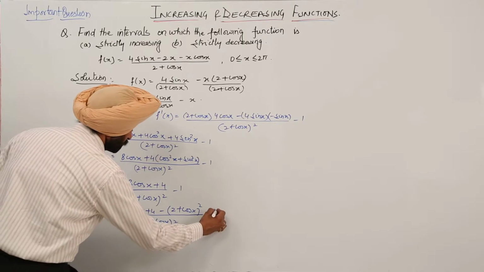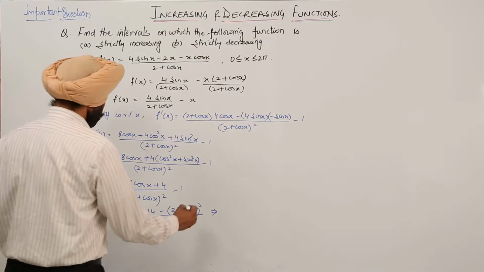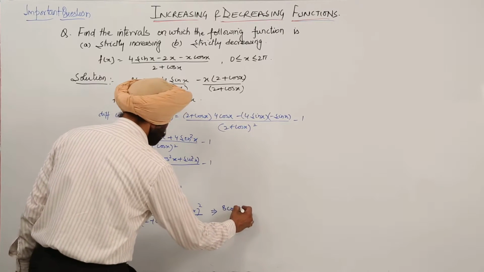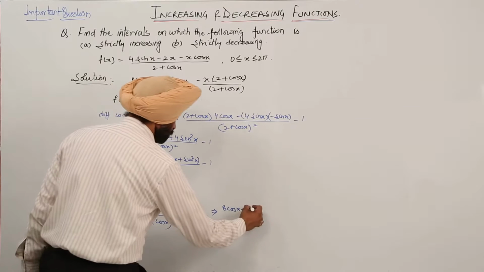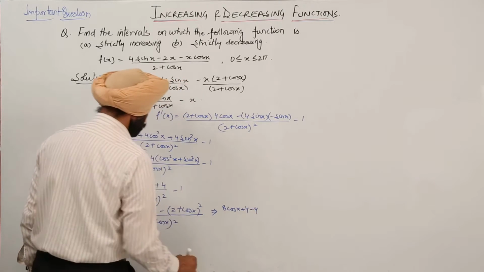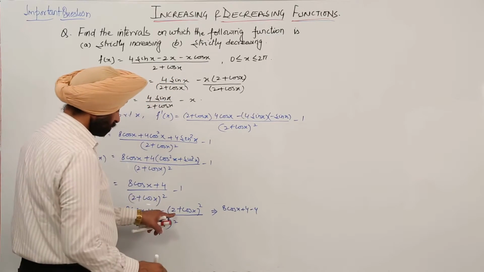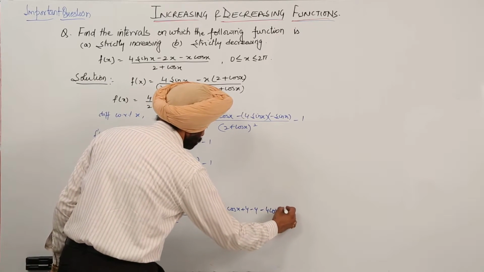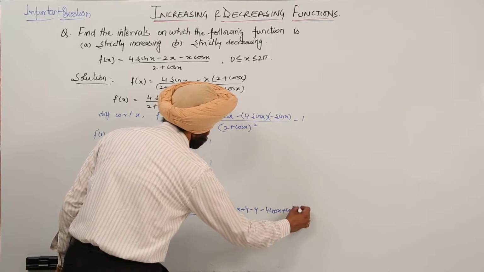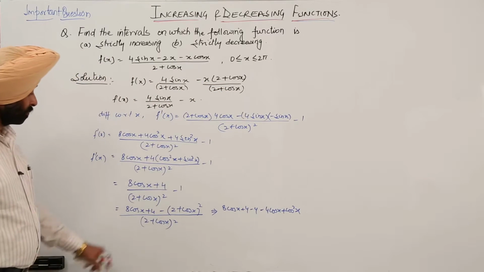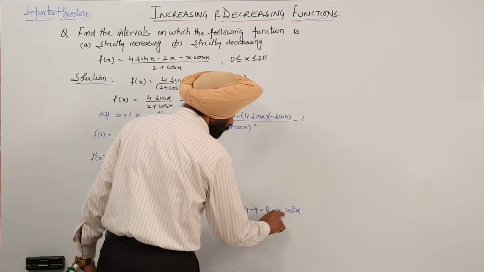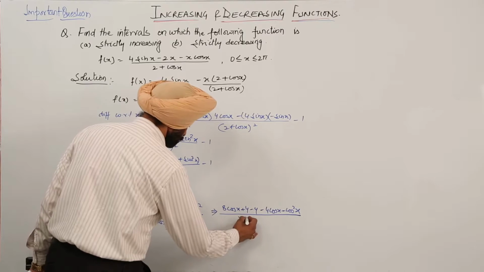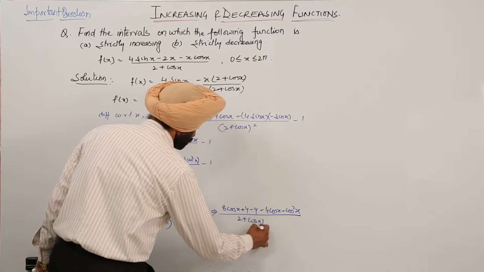Now let's check it. This will become 8 cos x plus 4 minus 4 minus 4 cos x minus cos square x. Sorry, it will be minus cos square x upon 2 plus cos x whole square.